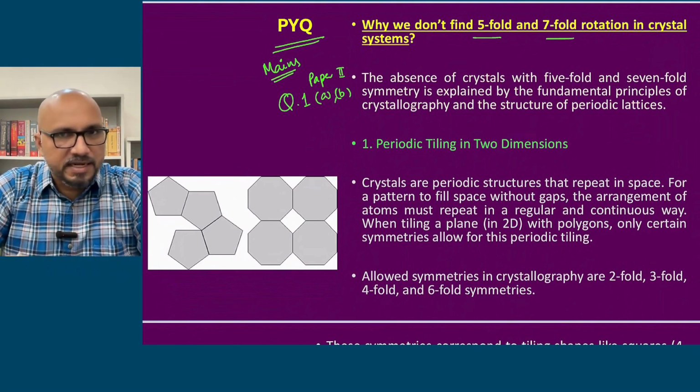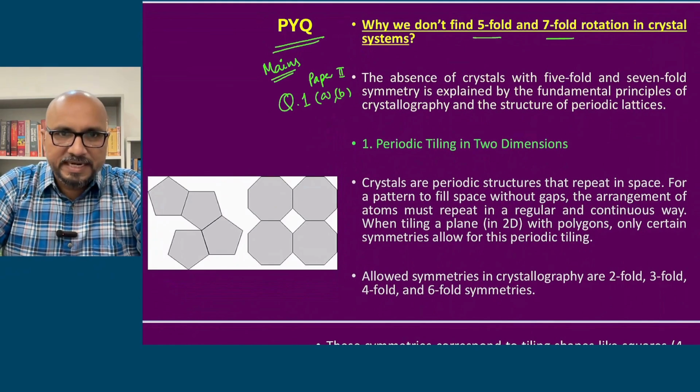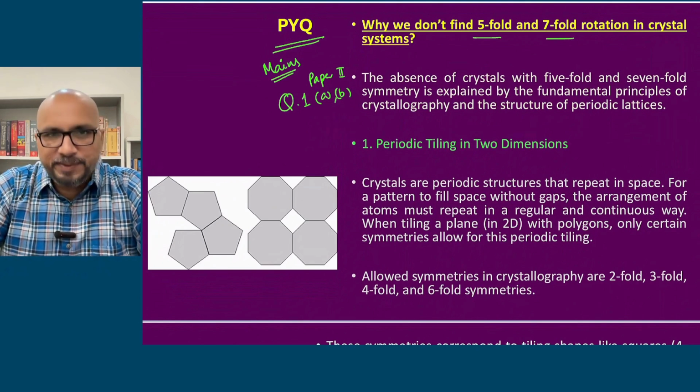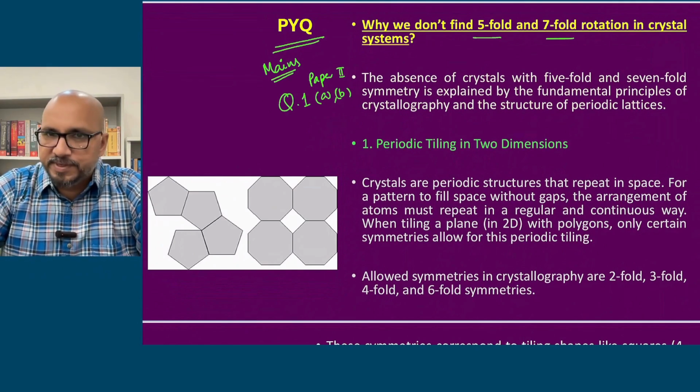So we have seen the answer, right? हमने देखा था कि when you try to combine these shapes, तुम्हारा जो crystal lattice में unit cell, it repeats itself, right, in all directions, and there should not be any empty spaces when you join these unit cells. There should not be any empty spaces. All right.